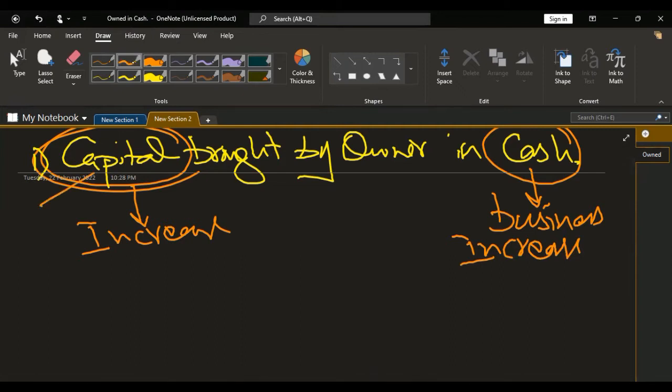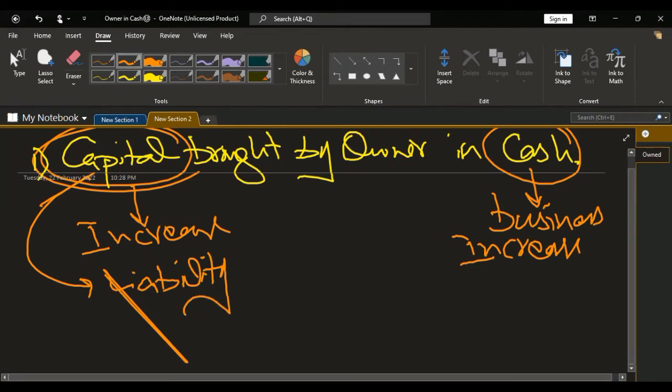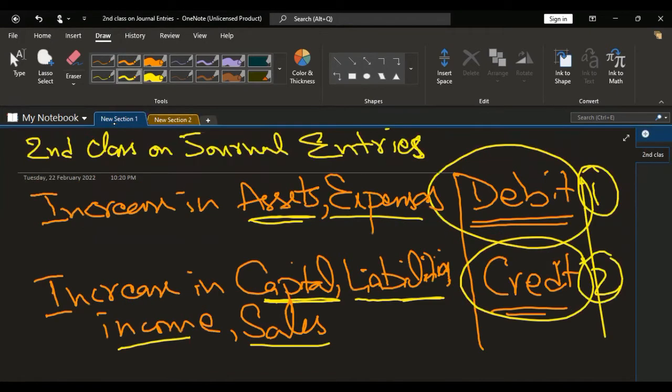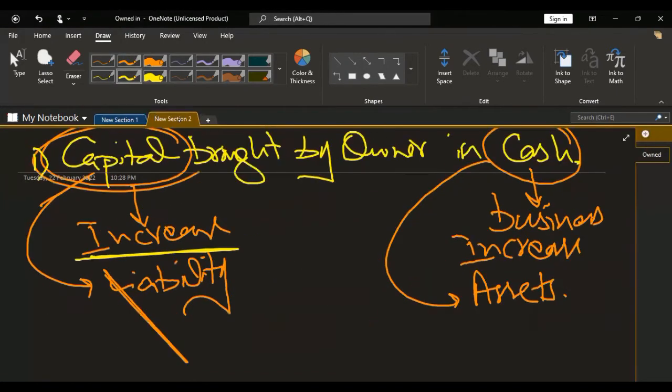Capital is a liability for a business, and cash is an asset of a business. Liabilities are increasing, so increase in liability will be credit.